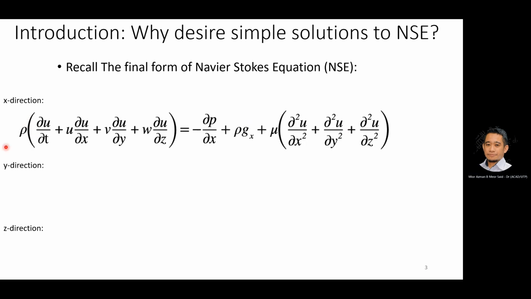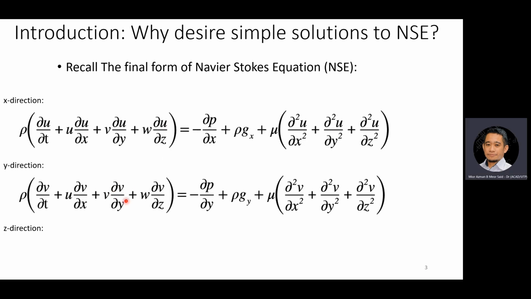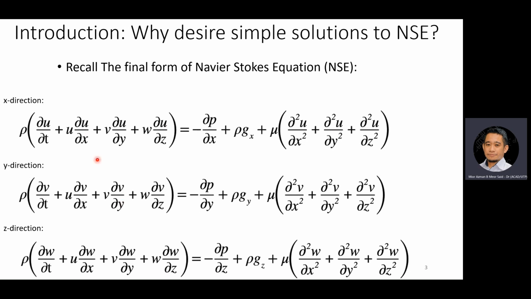The change of velocity in terms of time, and here are the terms for the change of velocity in direction x, direction y, direction z, the pressure gradient, the gravity force, and the terms from the shear stress and normal stress. This is for the x direction, and this is for the y direction, and this is also for the z direction.